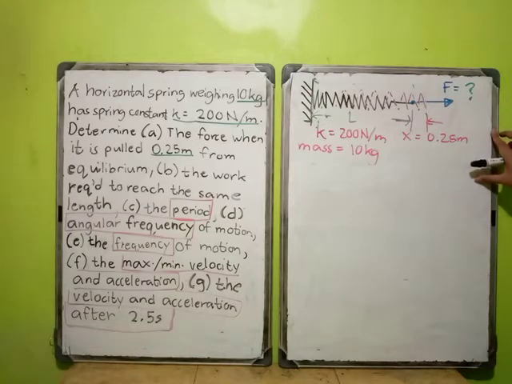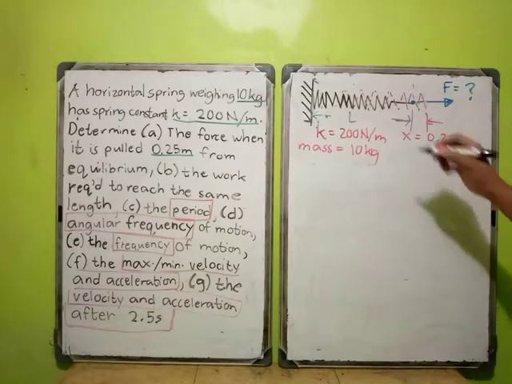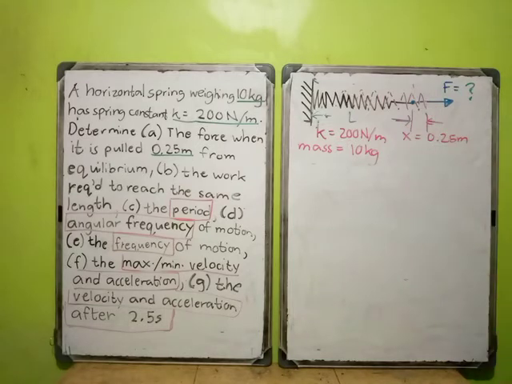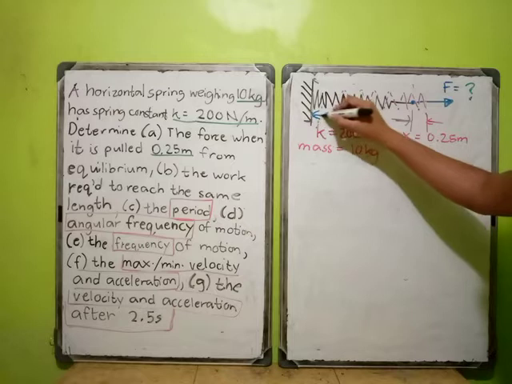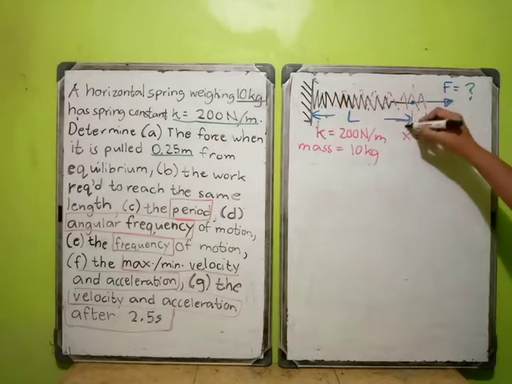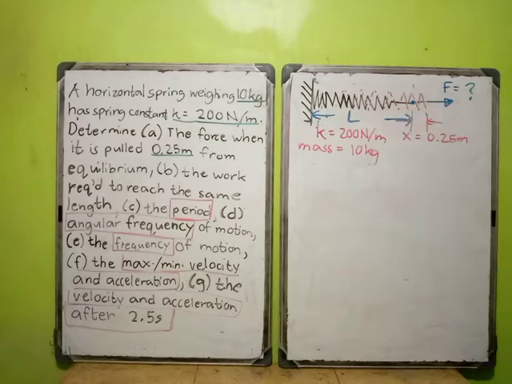So ito yung figure natin. So as you can see, ito yung original length niya. Kumbaga, here. So kung hindi nyo makita, i-highlight natin. So this is the original L, and then it is being pulled to the right for 0.25 meters.